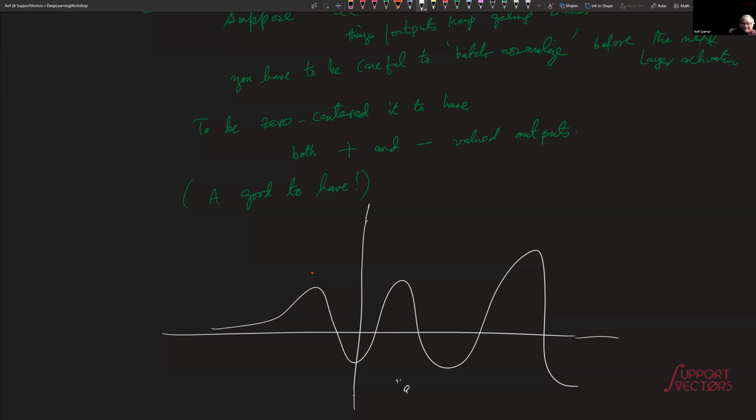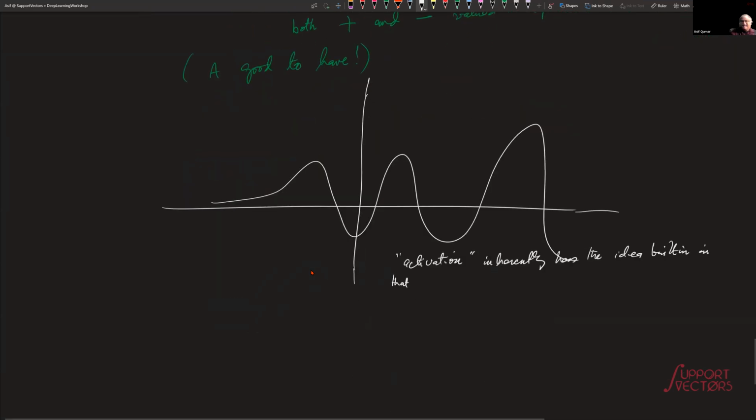The word activation inherently has the idea built in that as Z increases, A of Z will increase, or at least not decrease.